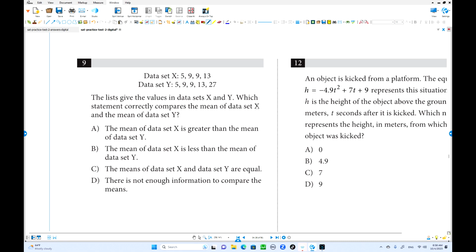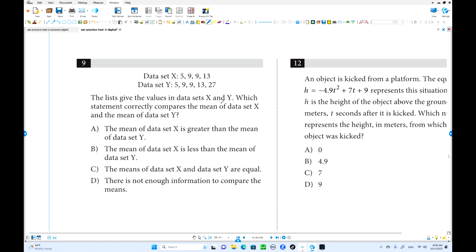So number 9 over here, the listing of the values in data set x and y, which statement is true about the mean, okay? Now take a look over here. You can use your calculator, okay? 5 plus 9 plus 9 plus 13 and divided by 4. The other one is 5 plus 9, 9, 13, 27 and divide by 5.